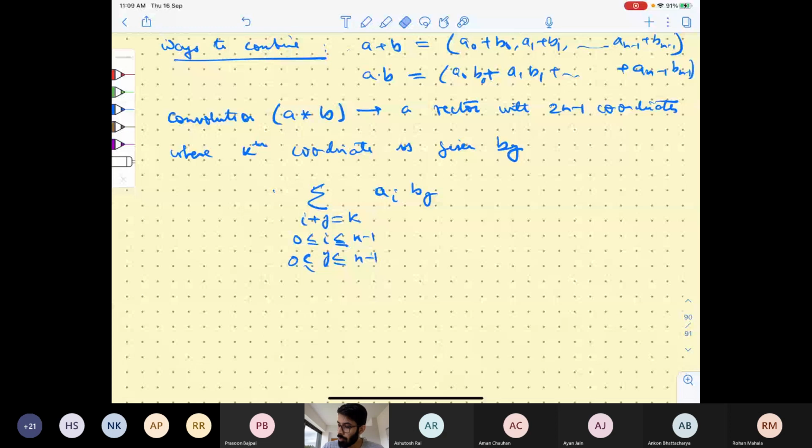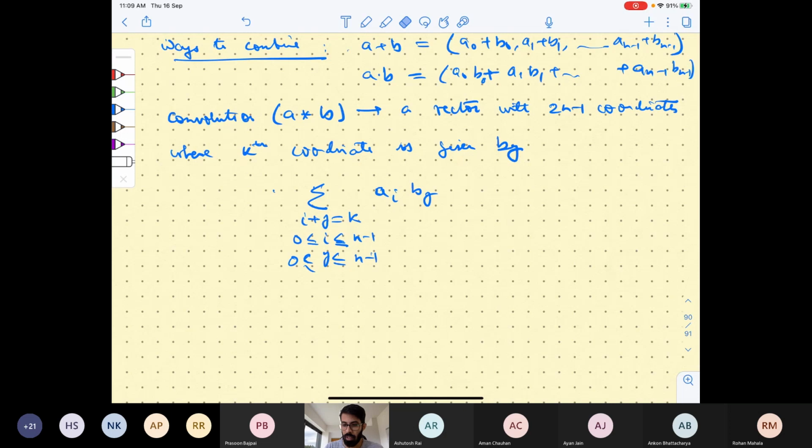So what was I saying? In the convolution, the kth term is given by the sum of the products ai bj such that i plus j is equal to k, where i and j are the indices of a and b.